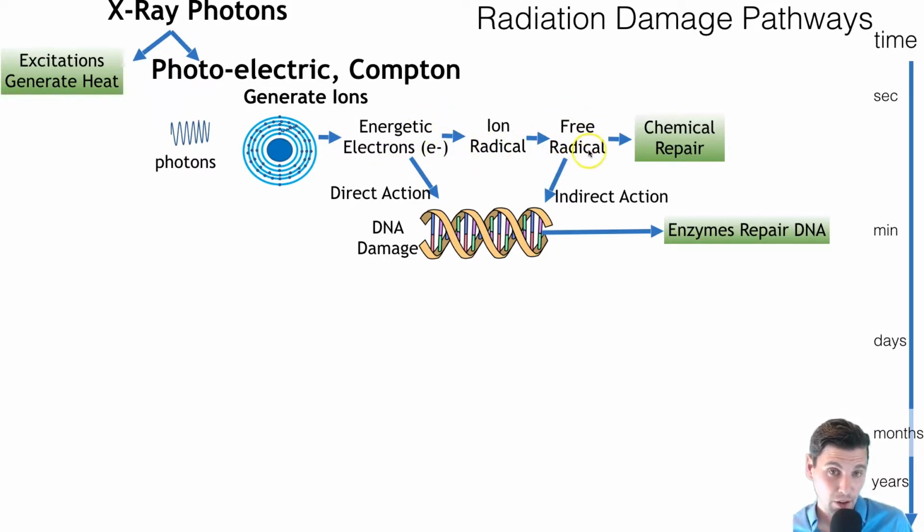cause free radicals to occur locally. Those free radicals can damage the DNA. That's called indirect action. Or if the electrons damage the DNA directly, that's called direct action.